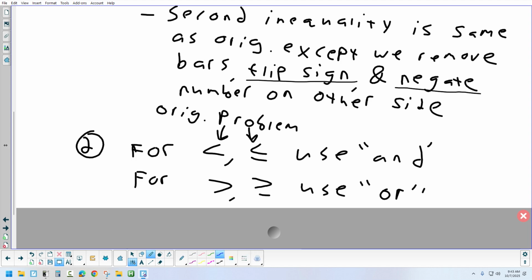And the way I remember it is if you pronounce this, instead of saying greater, you pronounce it as greater, that's an or. So greater or equal is an or. Less than is an and. Okay, so just remember the greater symbol is an or.